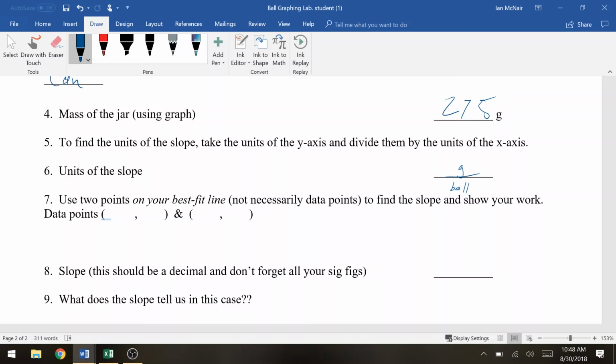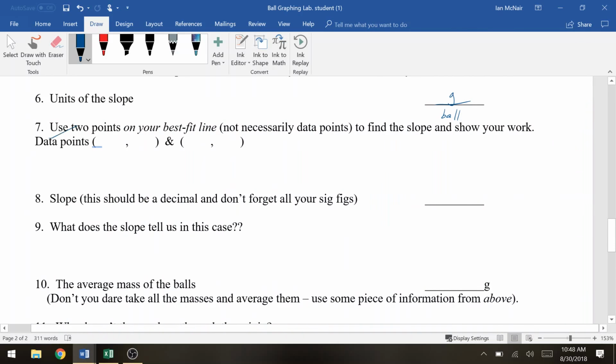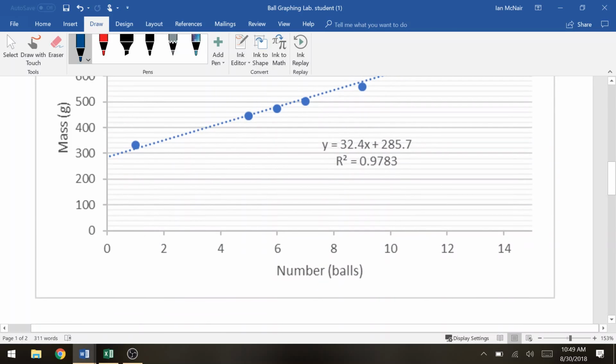Okay, so what was the slope? We're going to skip all this other part over here, so we'll go to slope. What was the slope we found? Yeah, just use the slope they gave you. 32.4 what?